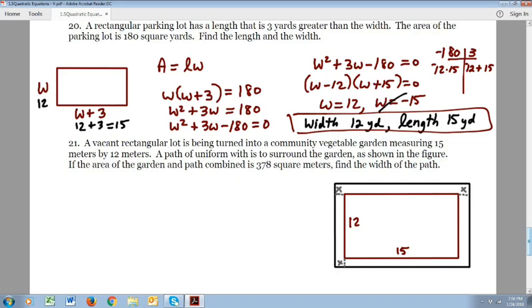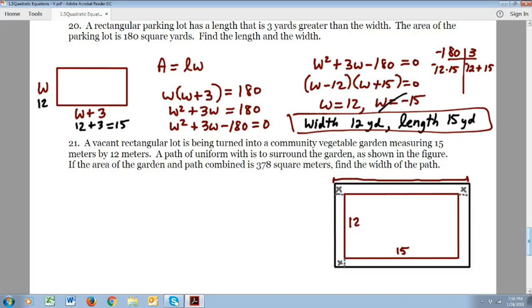And so it says that, let's see, that's not what I wanted to do. Actually, let me go back here. So you can see down below it says the area of the garden and path combined is 378 square meters.